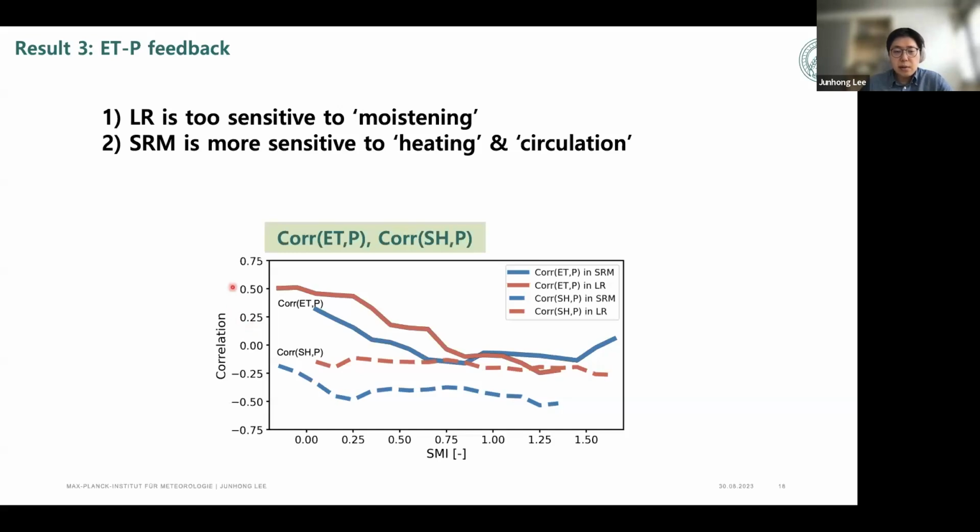And as you can see, low resolution usually has higher values for ET-P feedback than the storm resolving simulation.